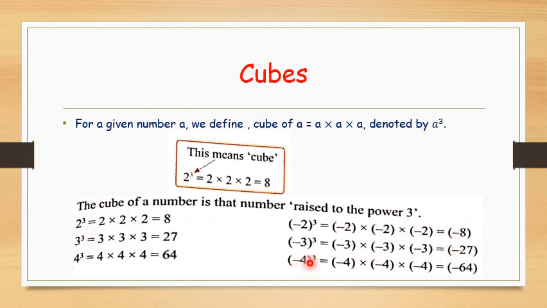Minus 4 power 3 means minus 4 multiplied by itself 3 times, which results in minus 64. Now one important thing that we observe here: the same number with positive sign gives a positive result on cube, and the negative numbers give a negative result. So this is also a very important point.